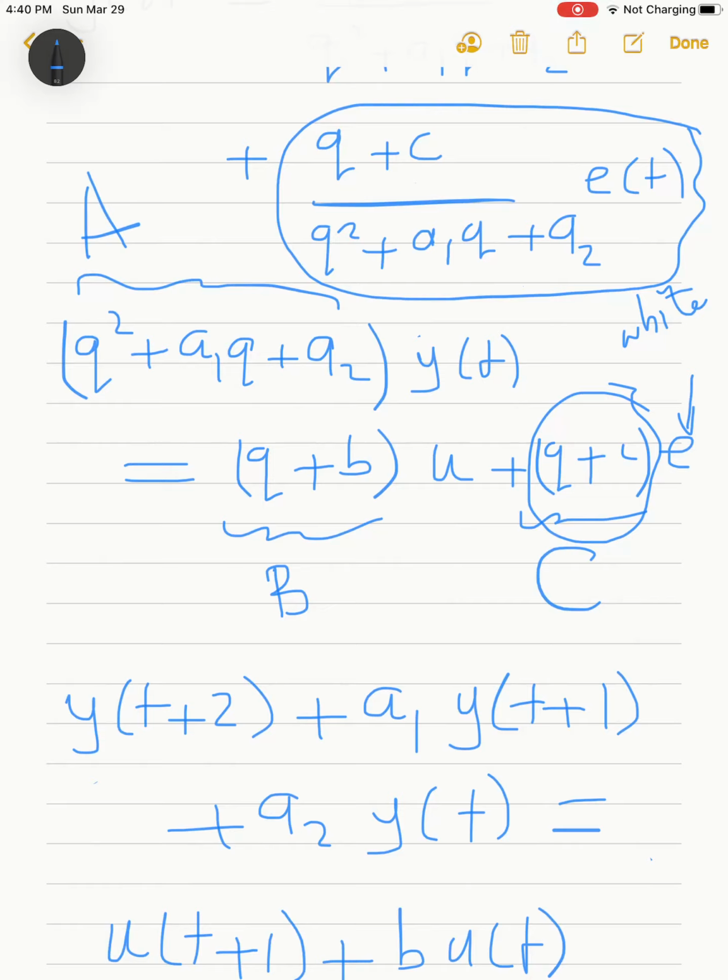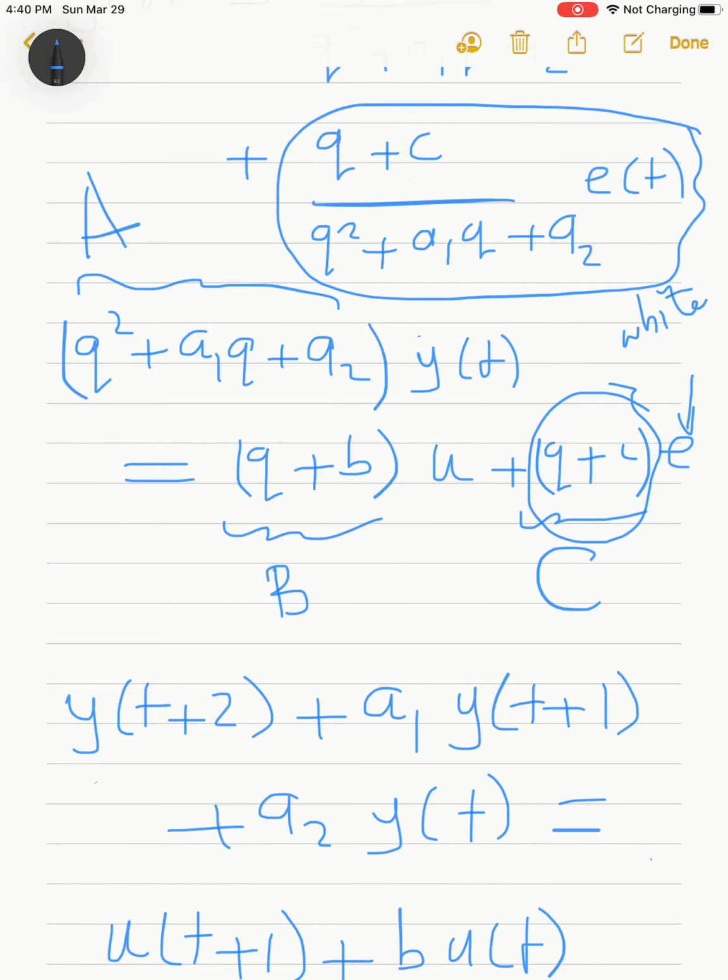If the signal E is no longer white noise, color noise like this, then we cannot conclude this property, and then there will be some bias in the estimates of the parameters if we are using the pure least square estimates as we have done before.